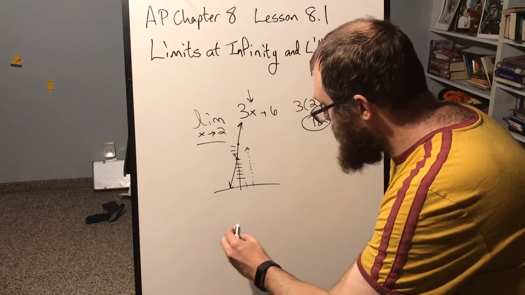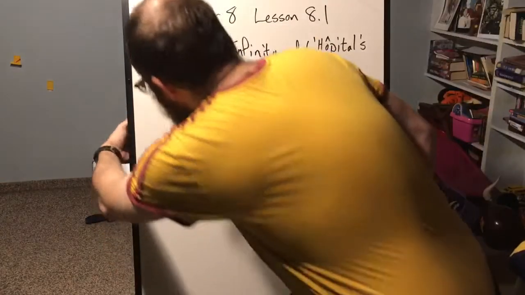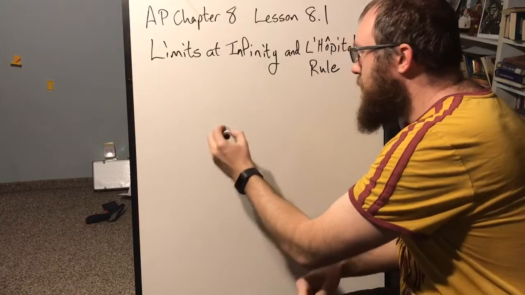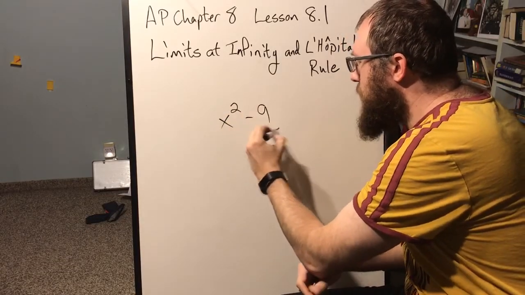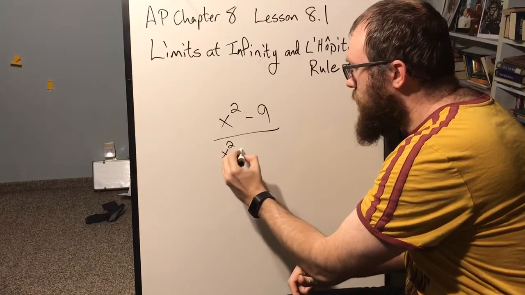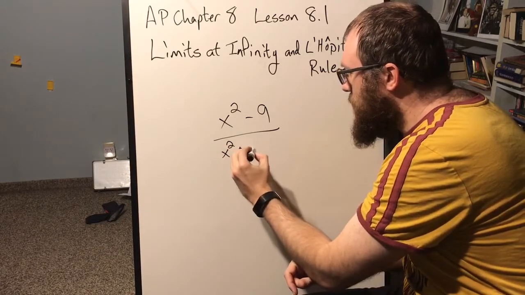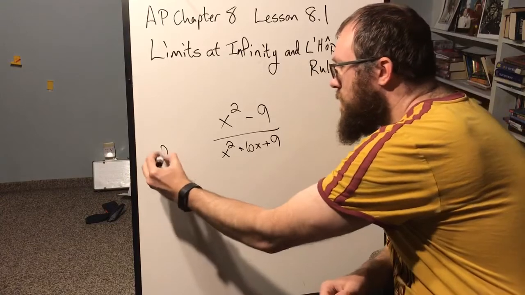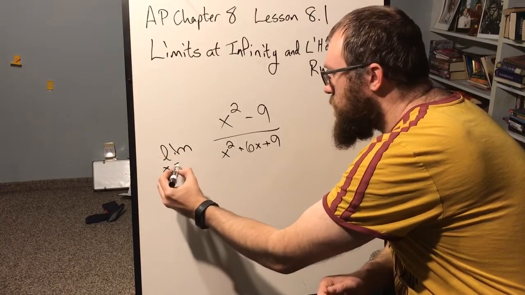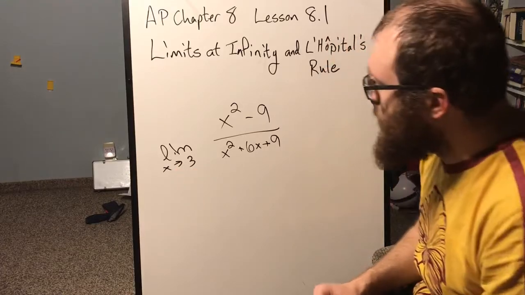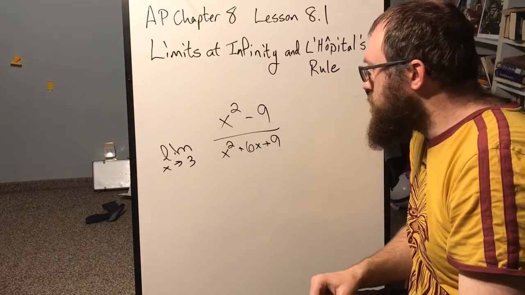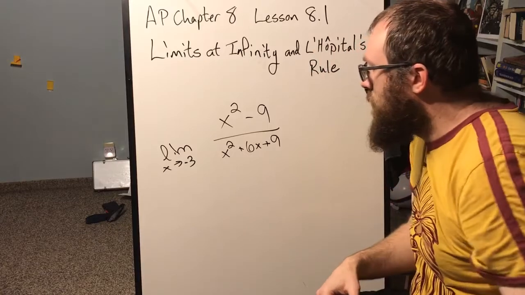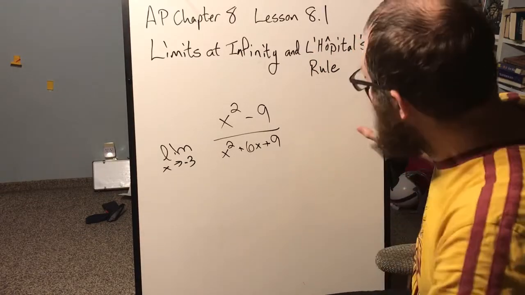Things like x squared minus 9 over x squared plus 6x plus 9, and we're going to take the limit as x approaches negative 3 here. I need to flip these.